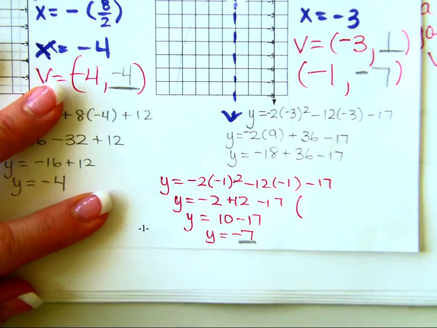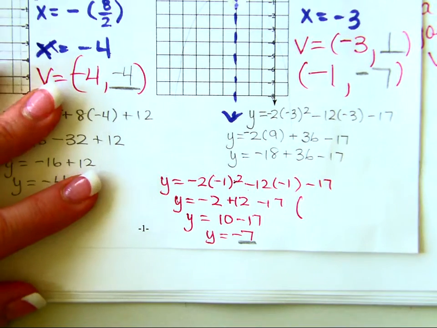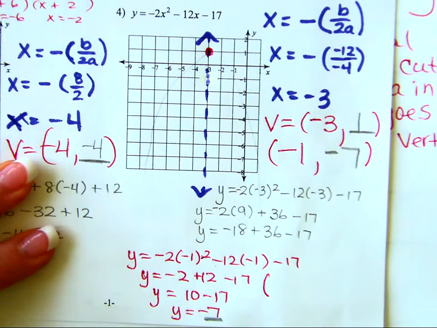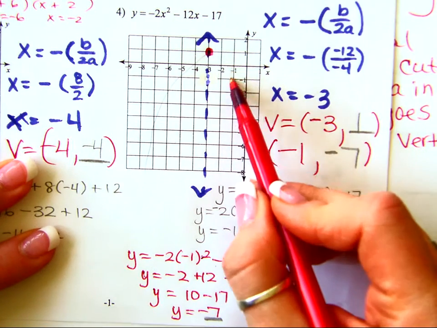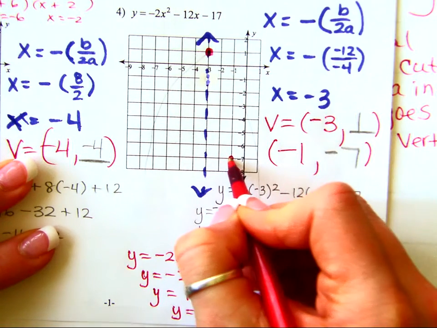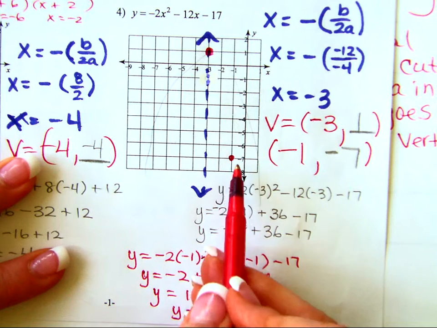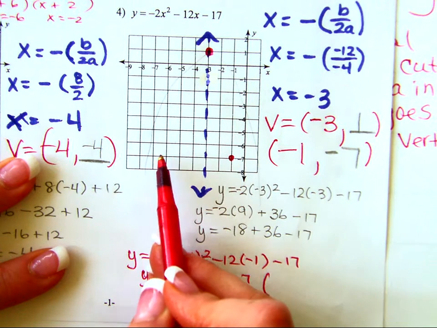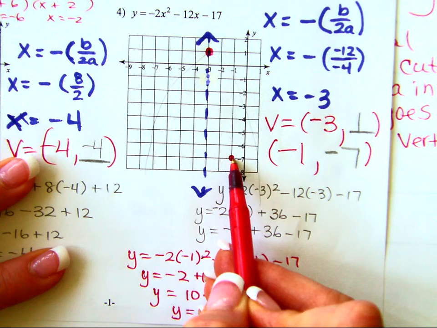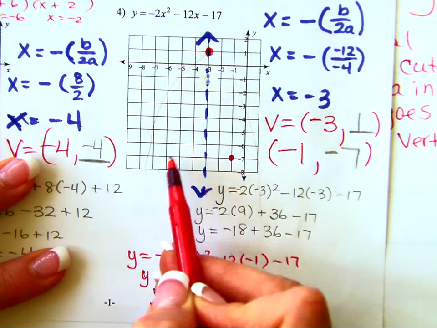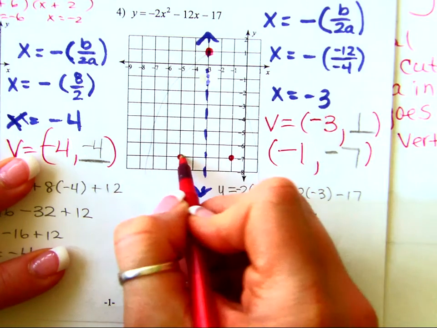All right, are you seeing this come together? So now I go to -1 and all the way down to -7. And if that's -1, -7, then the other point is going to be on the other side. If it's 2 spots away from the axis of symmetry to the right, then it's 2 spots away to the left. And we got a little skinny one.